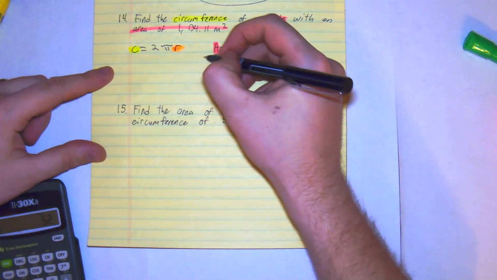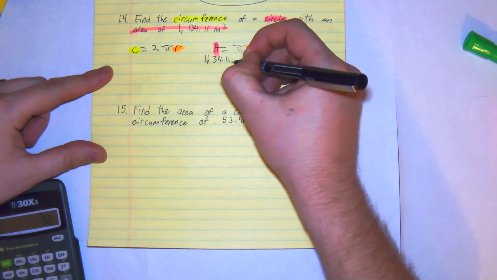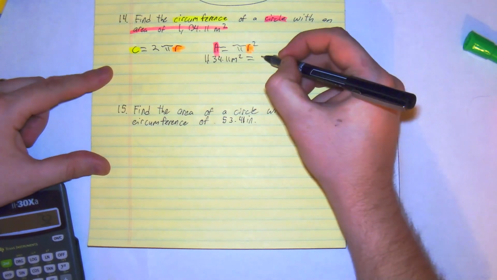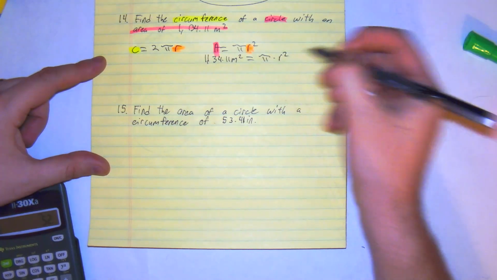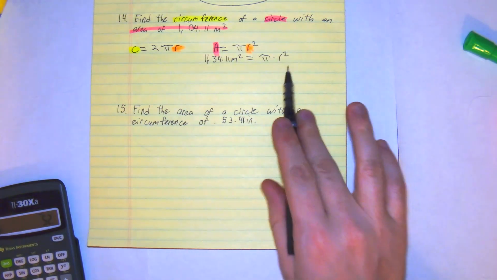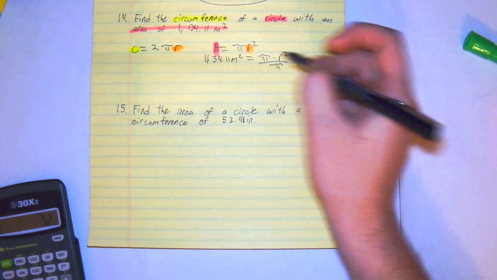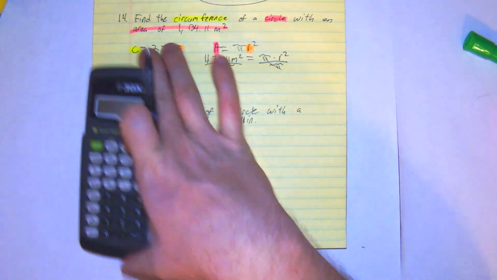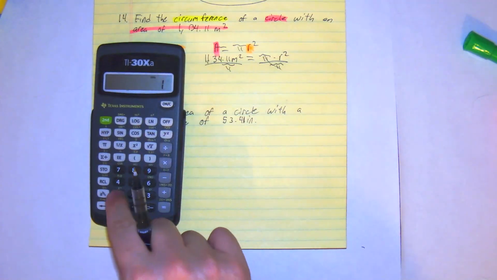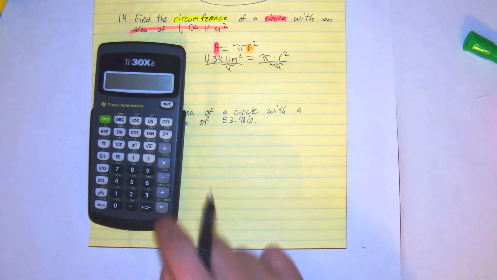So what we have is 1,134.11 meters squared equals pi times r squared. The first thing we're going to do is divide both sides by pi. We're going to use 3.14, so 1134.11 divided by 3.14.